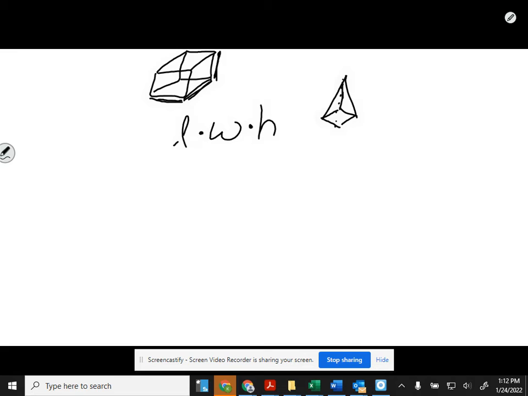So we still have length times width times height because it's coming out of that rectangular prism, but we have triangles that we're taking out of it. So what do you think we want to divide it by? It's a triangle. So we're going to divide it by 3 because we're taking the triangles out. Does that make sense?